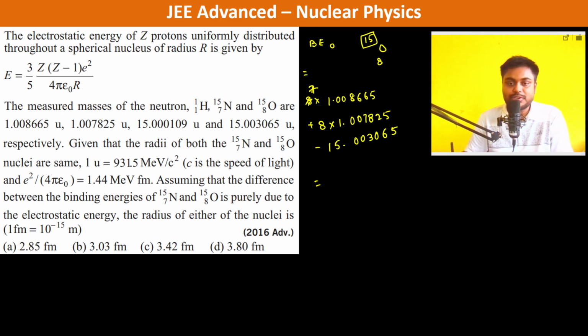So this is equal to 0.12019. This is the delta M for oxygen.